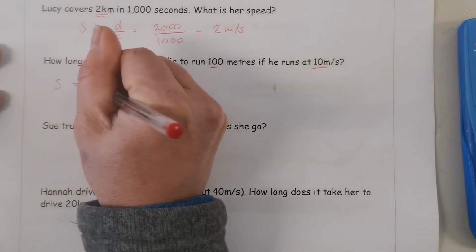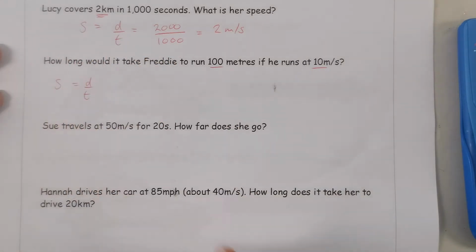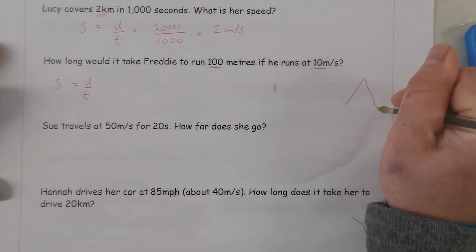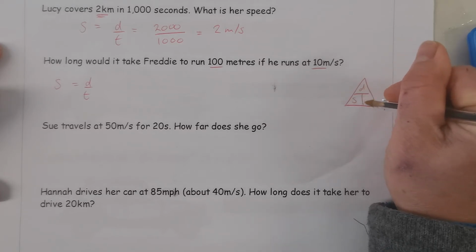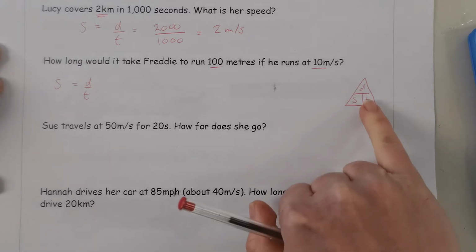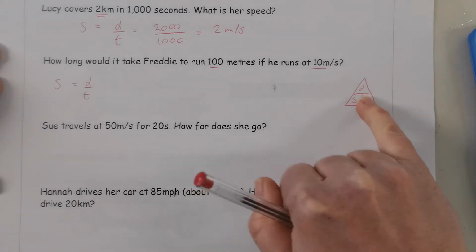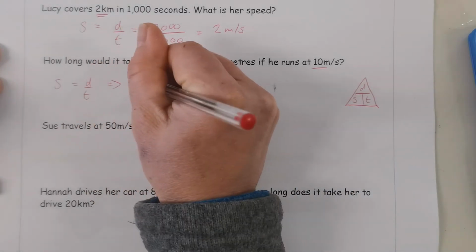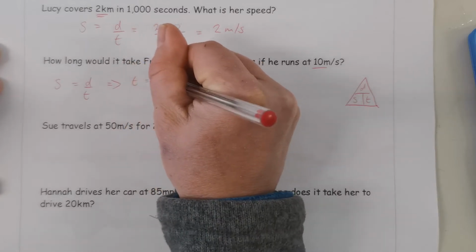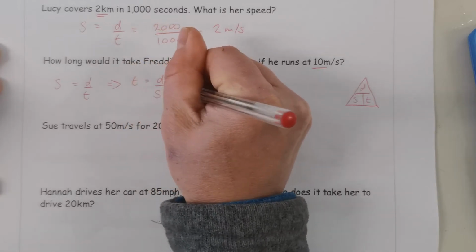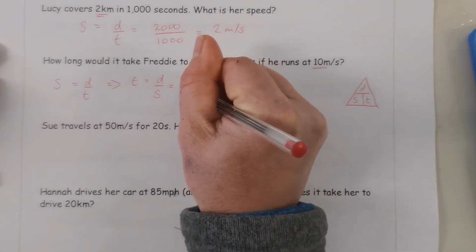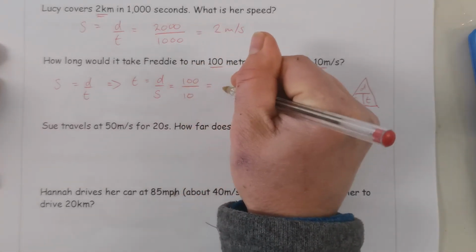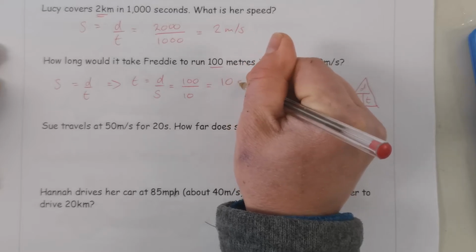Well, speed equals distance divided by time. If we need to, draw the triangle. Time equals distance divided by speed. The distance was 100 divided by 10, which comes out as 10 seconds.